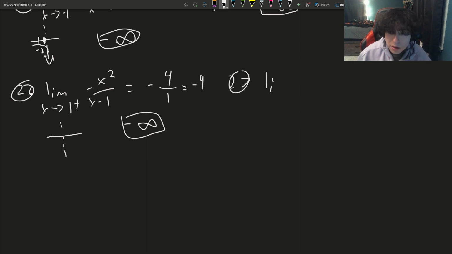The limit as x approaches 2 from the right of negative x minus 3 over x squared minus 5x plus 6.